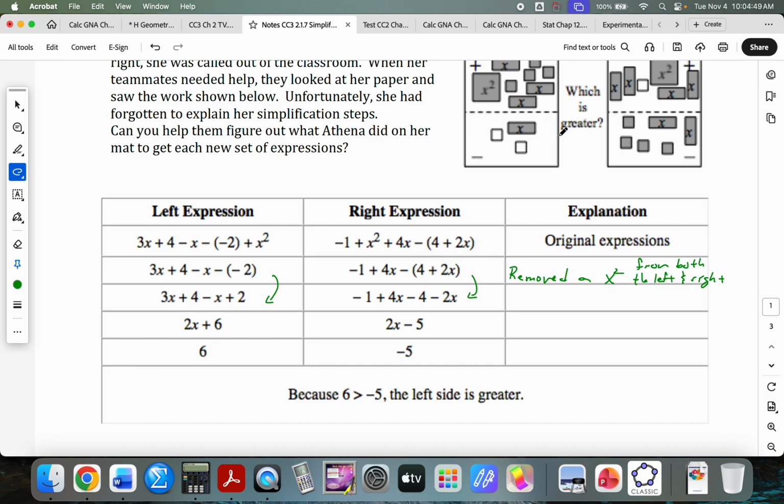Now, what's happening up here? What would they be doing? They'd be flipping them. So they're flipping the parts in the negative region into the positive region.